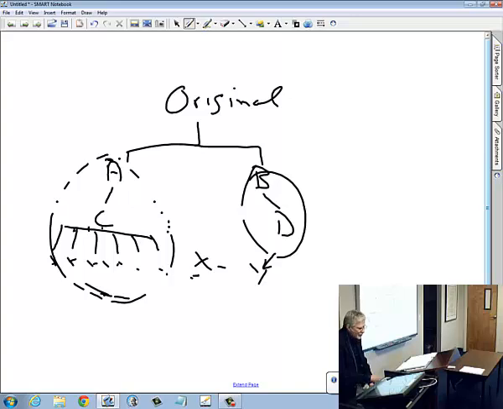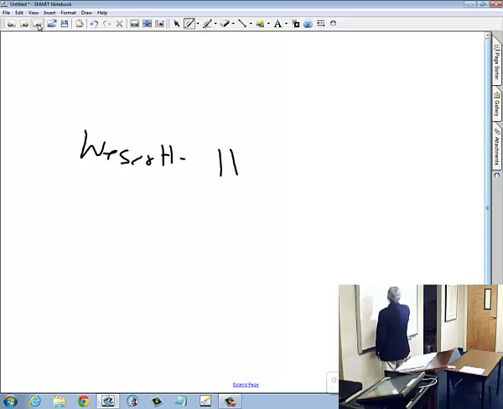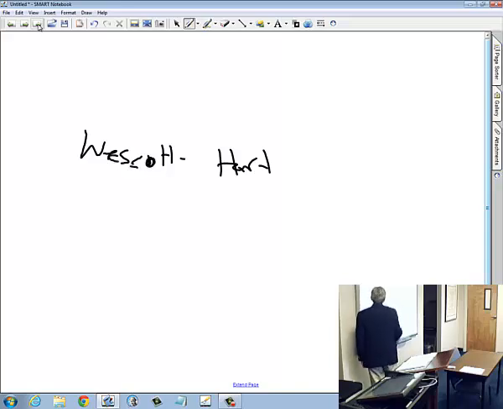The genealogical method, in terms of its popularization, is typically associated with Westcott and Hort. All right, we often talk about the Westcott and Hort text, the Westcott and Hort theory.